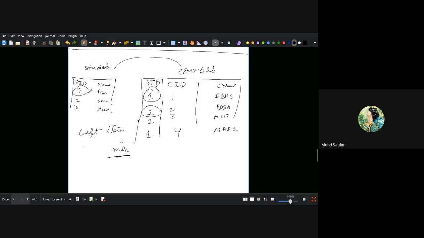This is also making a join. Again, this is also making a join, and this is also making a join. So 4 rows are coming from joins, and 2 rows are coming from the null case, from the left outer join case. So what is the number of rows? 4 plus 2, 6.